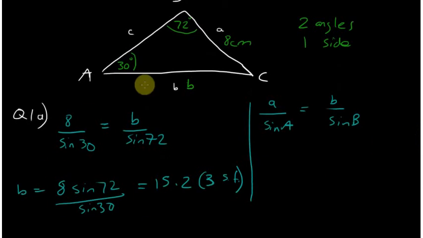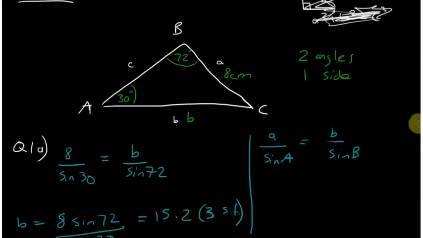So let's have a quick review as to what the sine rule enabled us to do. We derived this in the last video, and we didn't know the length of one side, but we were given 2 angles and 1 side. And if you notice, we had a and its opposite angle, and we had another angle, and we wanted to find that side.